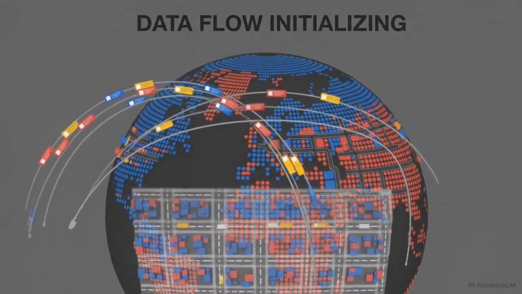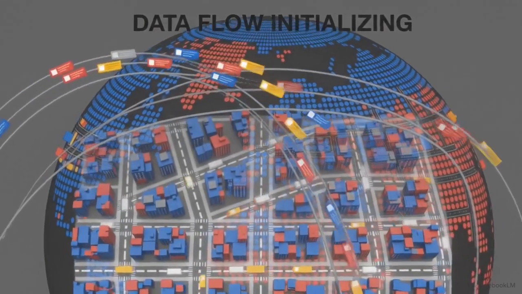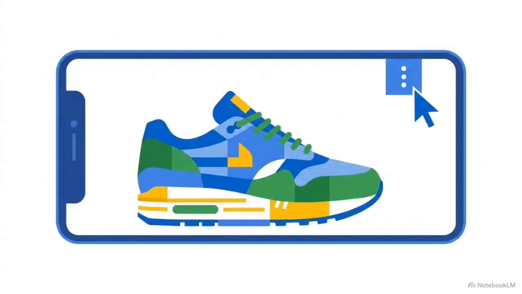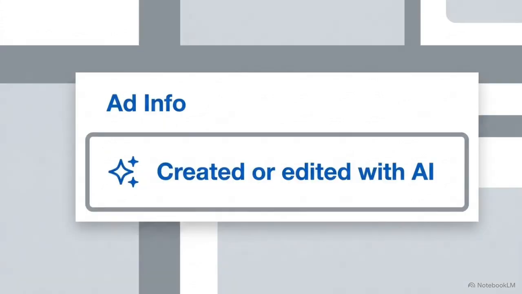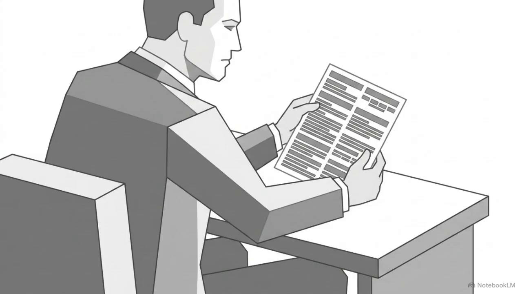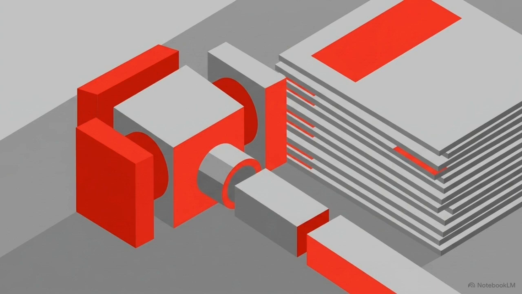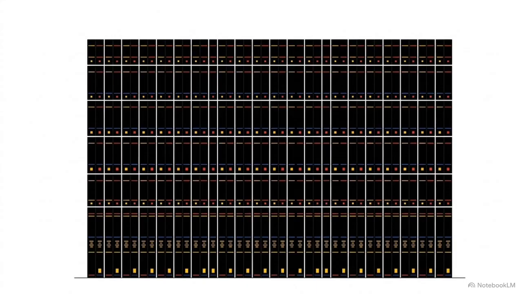After an ad clears the pipeline, it moves to deployment, where your physical location determines how that tag appears. In most countries, the disclosure is tucked away. Users have to seek it out by clicking the three-dot menu to see the Created or Edited with AI label in the Ad Center. This subtle approach doesn't work everywhere. Regions like the European Union, India, and New York have established stricter regulatory frameworks.